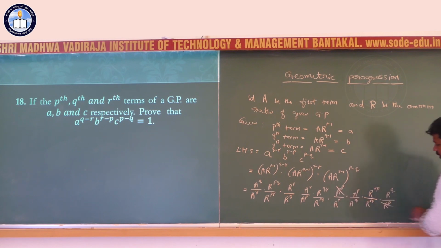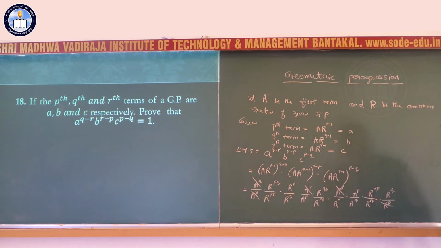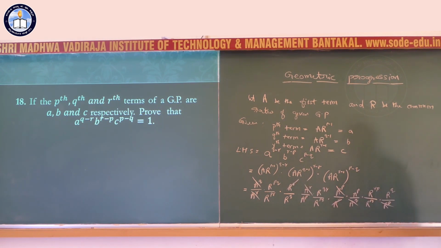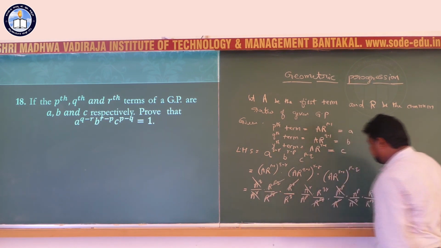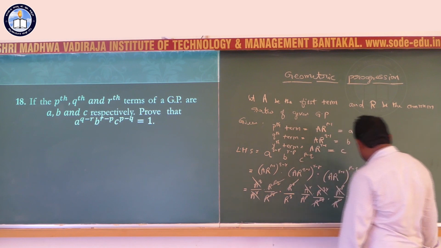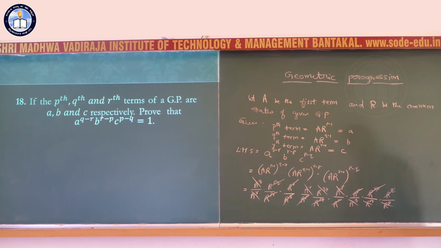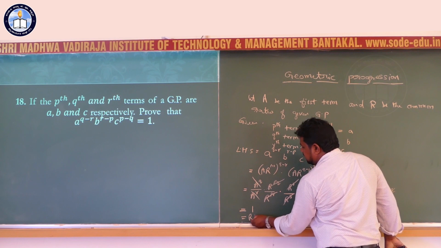R power p cancels, A power r cancels, A power q cancels, R power r cancels, R power pq, R power pr, R power rp, R power qr, R power rq, all terms cancel, R power q, R power p, A power p cancel. All the terms are cancelled, that is equal to 1, that is our right hand side.